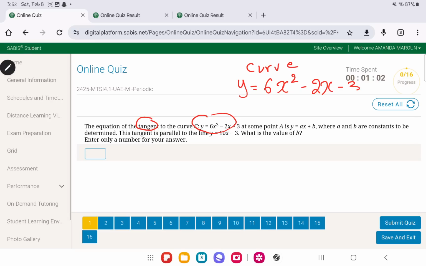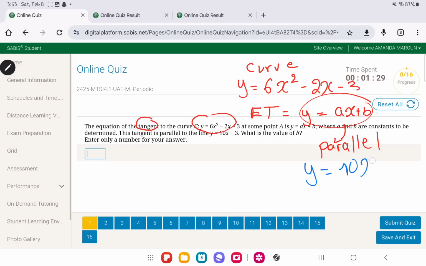And they told us that the equation of the tangent to the curve, so we're going to call it ET, equation of the tangent is equal to y is equal to ax plus b. And we know that it is parallel. All of this, we are taking it from the question. It is parallel to the line y is equal to 10x minus 3.